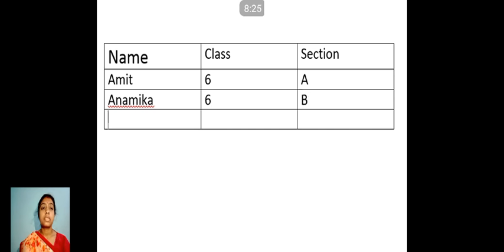I am moving in the cells with the help of arrow keys, and when your cursor is in whichever cell you want to type, you can start typing. Like this, I am pressing Tab or arrow keys to move. You can use any method, or since your table is ready, you can directly click on that particular cell, or use your arrow keys to move in the cells. Clear?